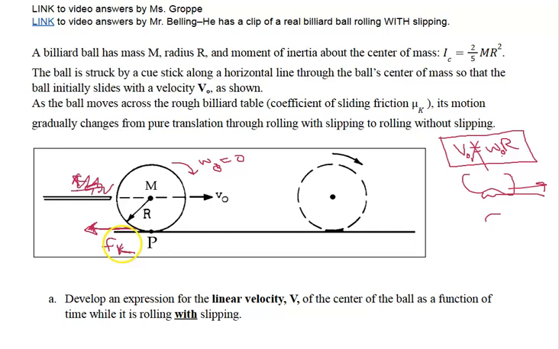This friction is decreasing the translational speed, but we'll see in question B, it starts to make it rotate because it causes a torque about the pivot point. Okay, so that's the big picture of what's going on. And at some point, since omega is increasing and v is decreasing, this relationship will be true.